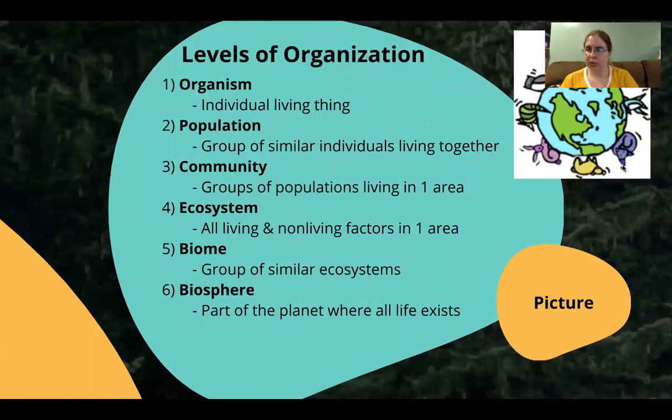So we start off with an organism, which is just one single individual thing. And then we look at all of those same types of organisms living together. So a group of similar organisms living in the same area. Now that is a population. A group of populations living in one area, well, that's our community.